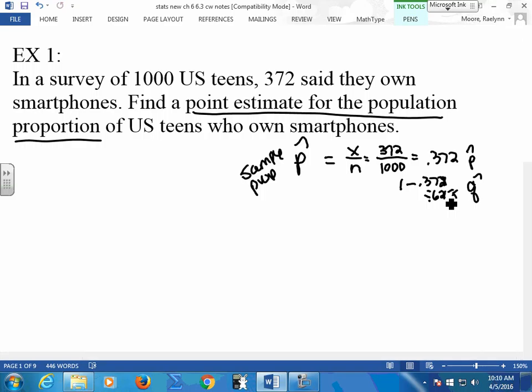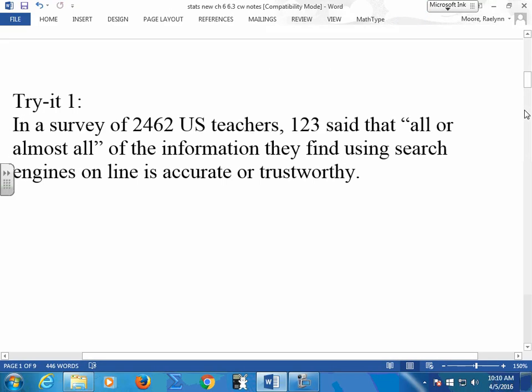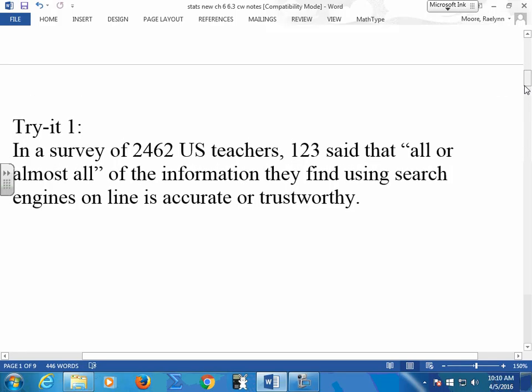That's all we're doing. And the rest is probably going to fall into place. It'll look just like your z-scores. What you have to make sure of is that you realize you're using your proportion from your sample to make an inference about your population. So if I surveyed 2,462 U.S. teachers, of which there are probably many, many more, right?